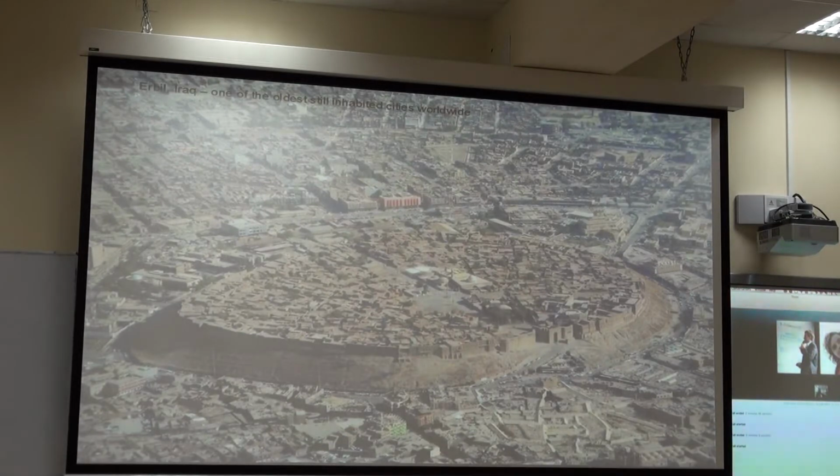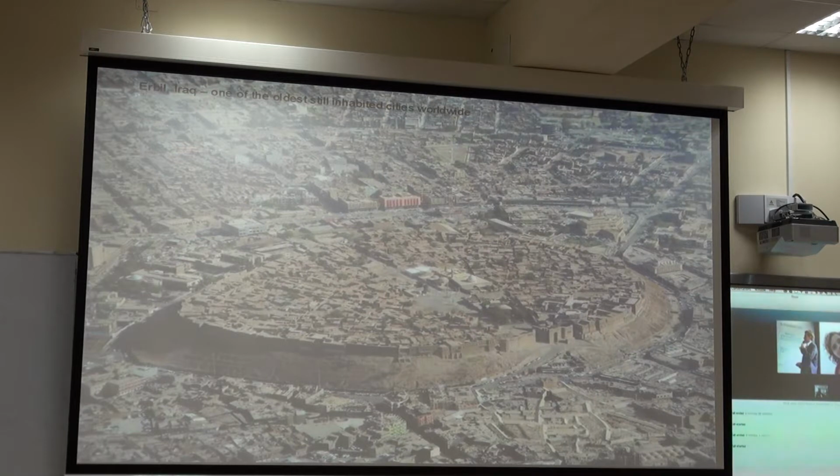So this is another example of a walled city, and it's in Erbil. Erbil is in Iraq, and it's one of the oldest cities in the world which is still inhabited. And I'm talking about this egg-shaped plateau we have there. What they have there is walls which double as buildings. So basically they are buildings, but they have a very solid wall facing the outside with very few windows.